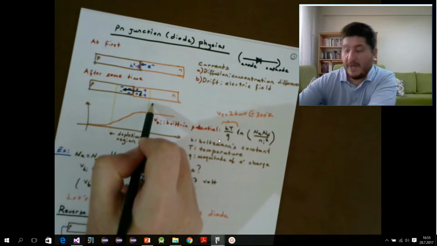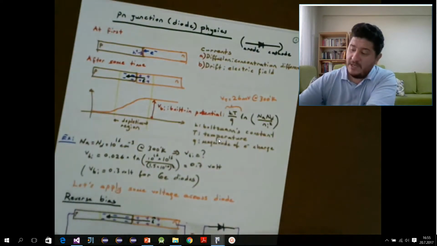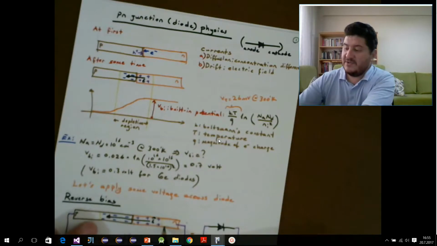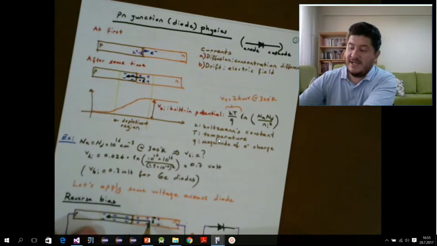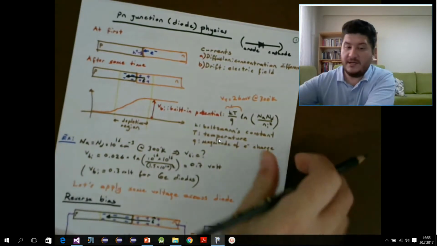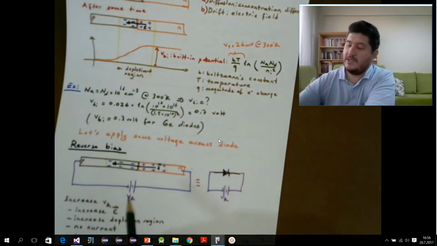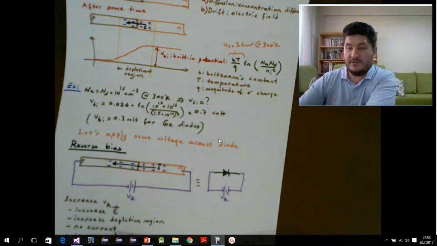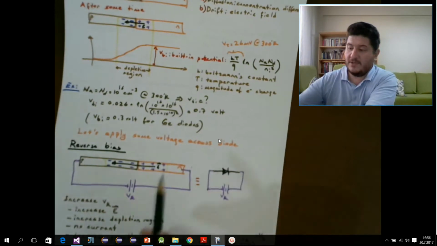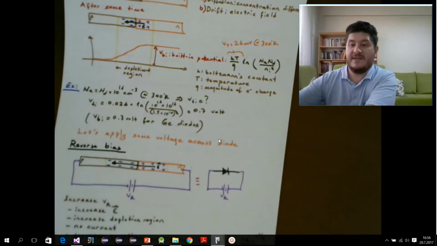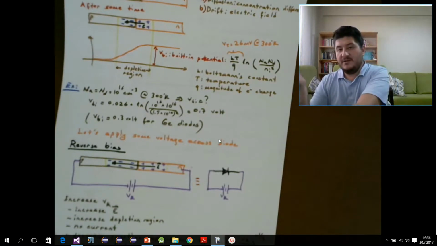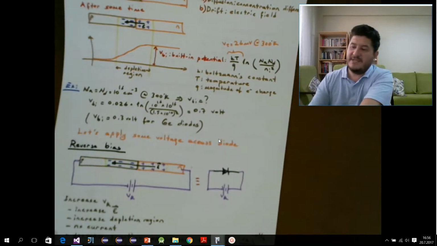What happens is when we apply more voltage here, this depletion region is getting wider, and this electric field will be getting higher, but there will be no current flowing, because the only thing that voltage VR is doing is raising this gap.